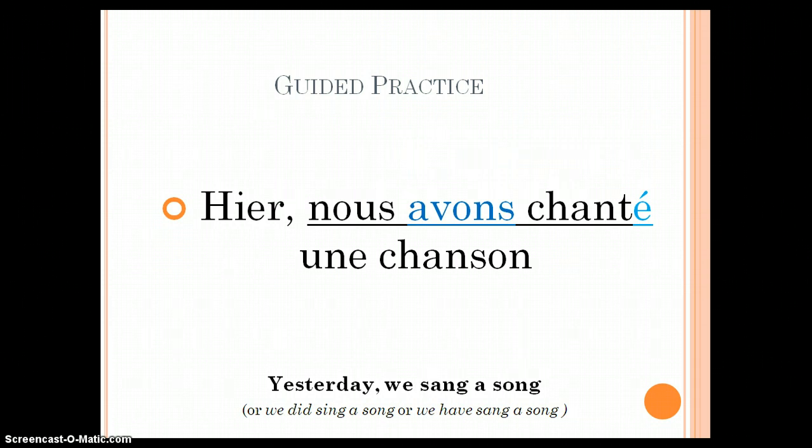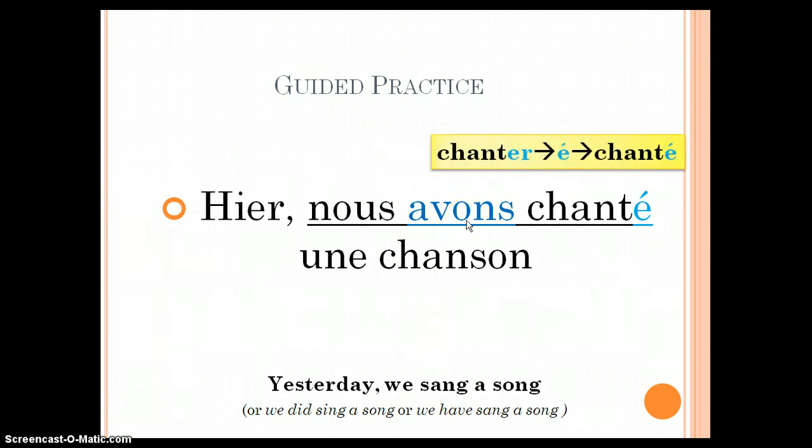Hier, nous avons chanté une chanson. Notice how we have the appropriate form of avoir, and then chanté. Remember, it's chanté because chanter in its infinitive is an er verb. You go from the er to é, so chanter to chanté.